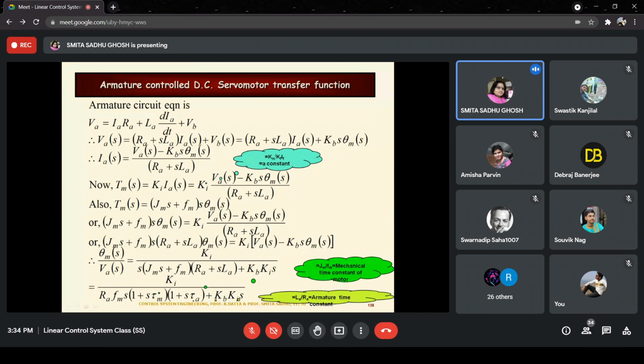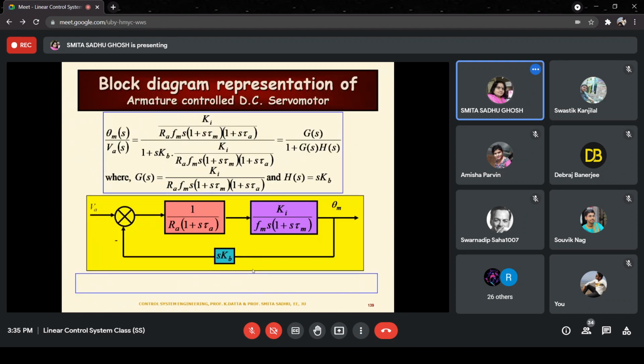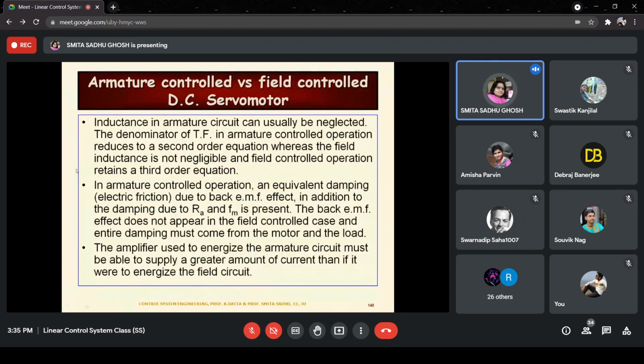Because you have the SLA, so S is multiplied with LA, so if LA is 0, this becomes a second order denominator only. So the armature control DC servo motor transfer function boils down to a second order transfer function because the armature inductance is negligible. On the other hand, the field inductance is not negligible, so the field control DC servo motor transfer function remains a third order transfer function. So that is the first point that we have over here.